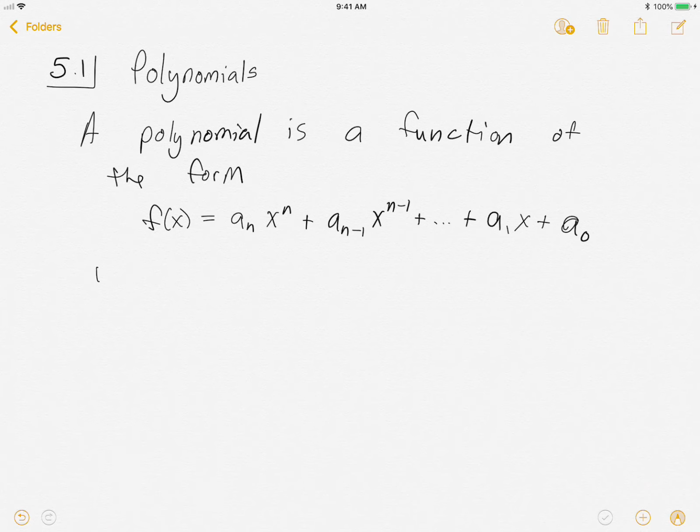Okay, where n is a non-negative integer.